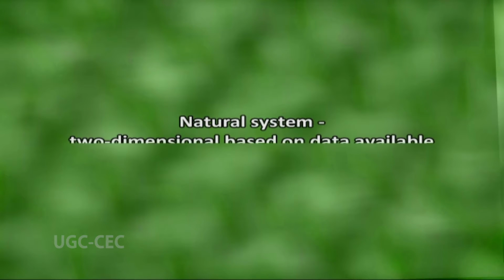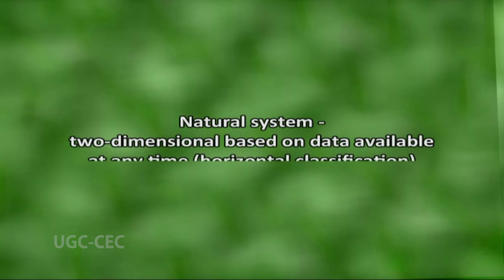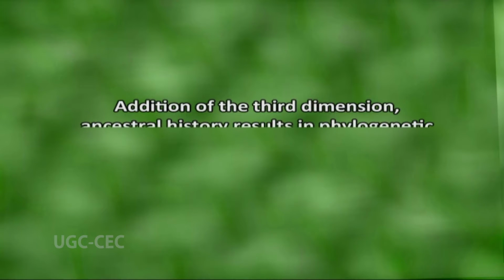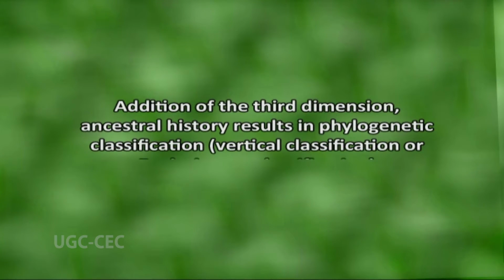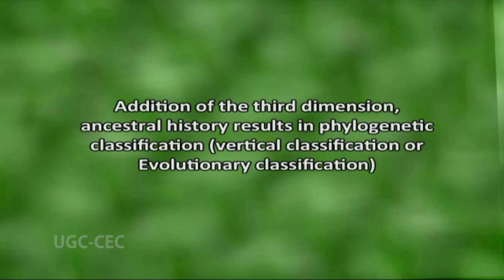The natural system is two-dimensional, that is, based on the data available at any time, and is known as horizontal classification, whereas the addition of the third dimension, that is past history and ancestral history, results in phylogenetic classification, also known as vertical classification or evolutionary classification.